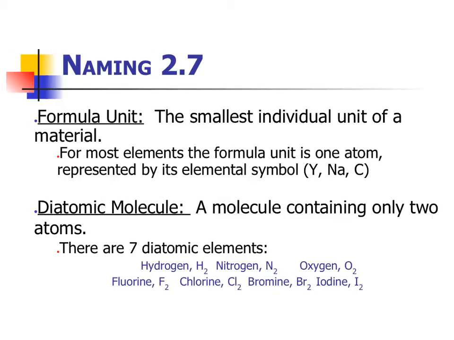The easiest part of naming is naming the formula units. You've been naming the formula units for quite some time now, or have actually been asked to name the formula units. Those were in our naming quizzes, all 3 of them that we had at the beginning of the year. If you remember, though, there were about 56 elements that were randomly spread throughout.